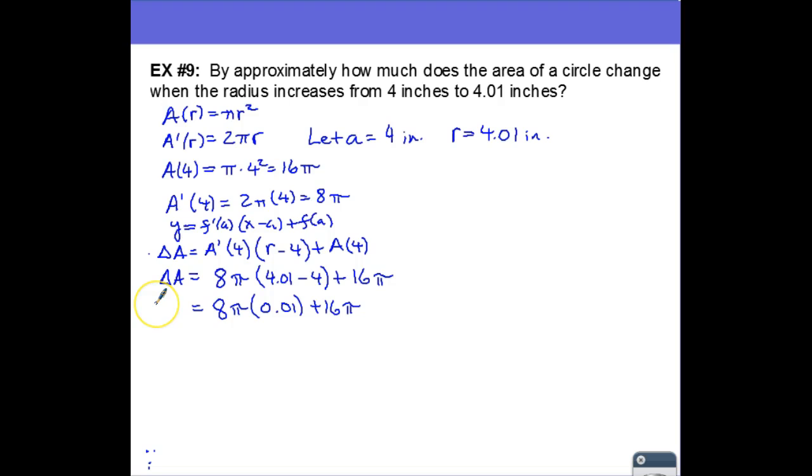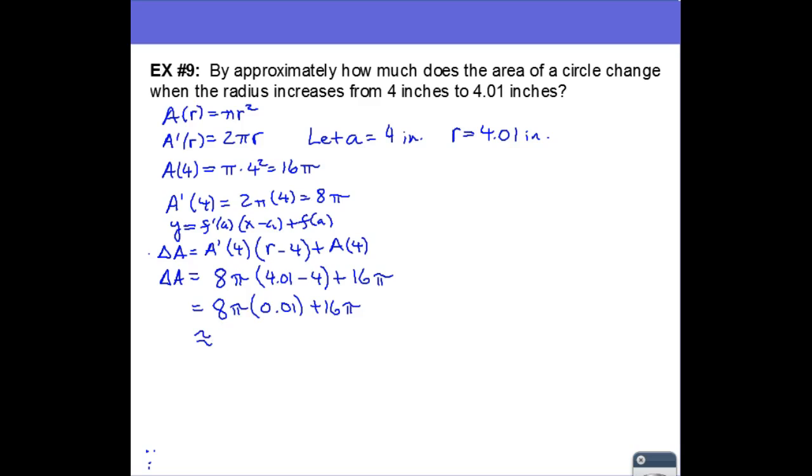But what I have done is I have left my irrational numbers 8 pi and 16 pi as exact values right up until the last step, and I'm going to plug this into my calculator and round it to 3 decimal places. So let's take a look and see what we get.